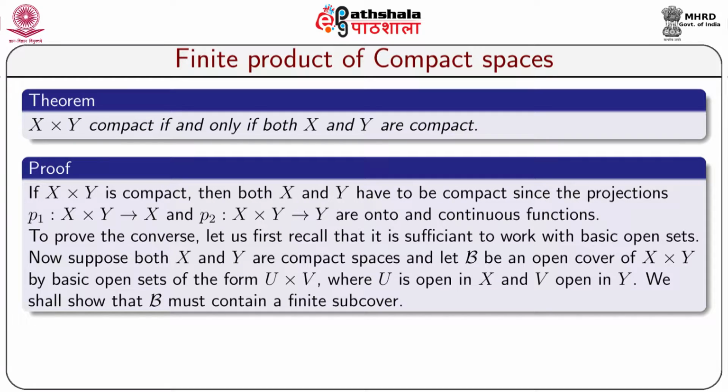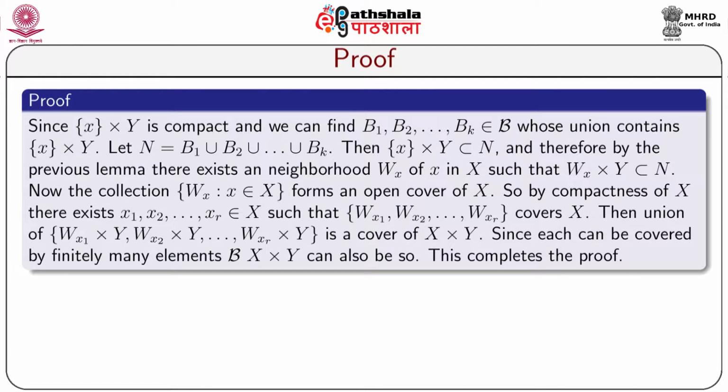Now, suppose both X and Y are compact spaces, and let script B be an open cover of X cross Y by basic open sets of the form U cross V, where U is open in X and V is open in Y. We have to prove that B has a finite subcover. Since Y is compact, the slice x Cartesian product Y is compact.